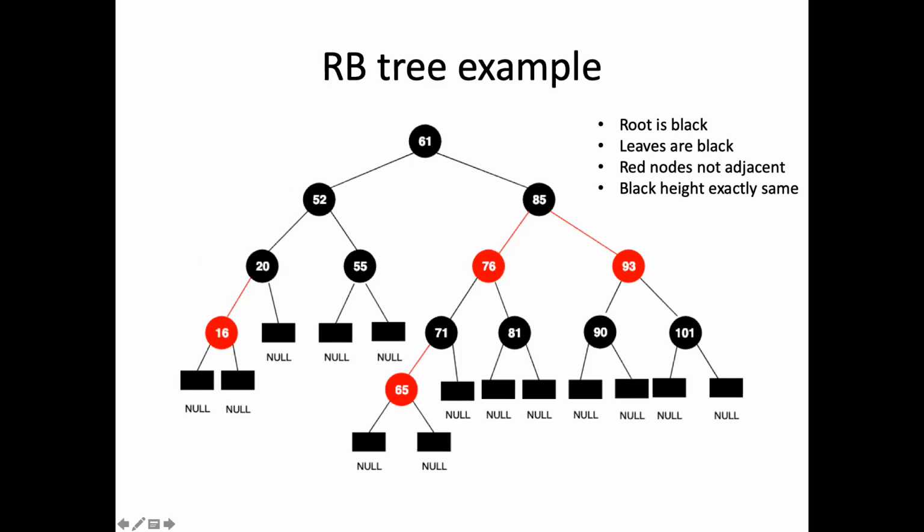We are now here at 52, and we're asking, if y is 52 and x is 55, which is what we're looking for, what is the rank of 55 in this subtree? In order to do that, I'm going to figure out the rank of 52 now. What's the rank of 52? I look at the size of the left subtree, which is 2. Yeah, don't mind all these black thingies here, they're confusing.